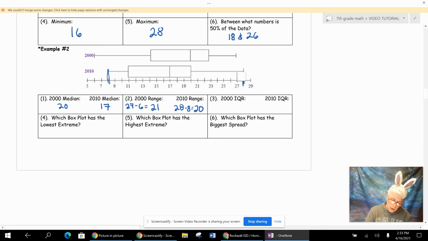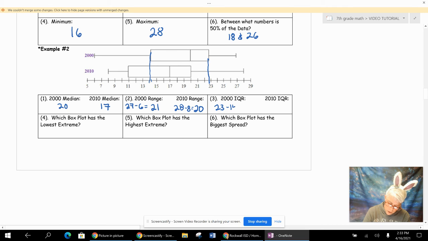Okay, interquartile range. Now we're just going to look at the boxes in the middle. So for 2000, the highest number here, I'm going to say that's 20. What did I put in my notes? 23. So we'll go ahead and go with 23. It's kind of in the middle there, right? For the lower quartile, it's 14.